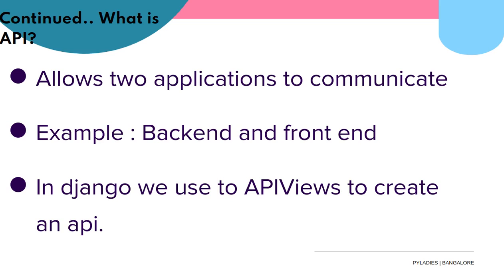But how does this happen? That's where API comes into play. It's going to act as an interface or mediator between two applications by letting them communicate among themselves.